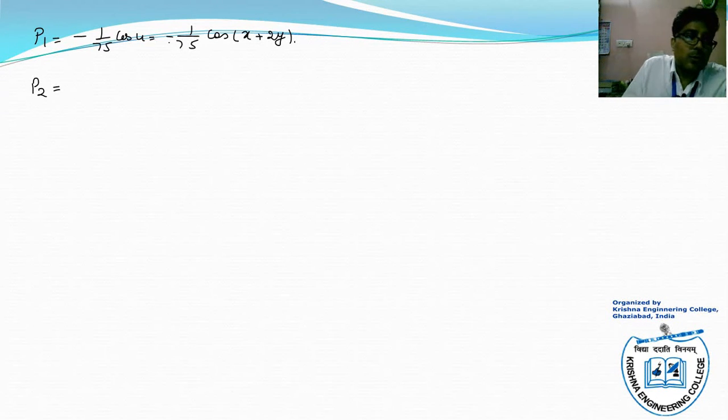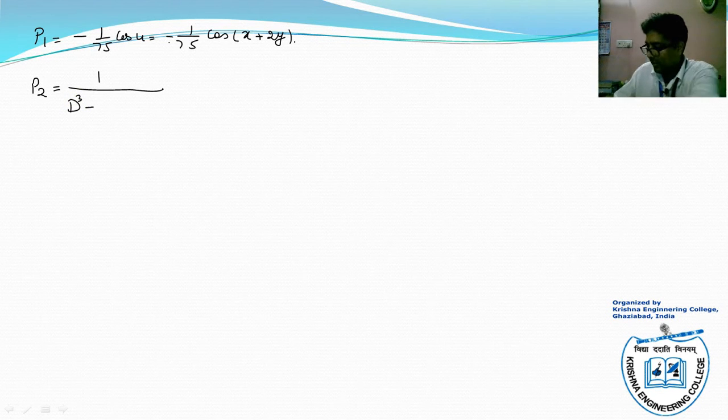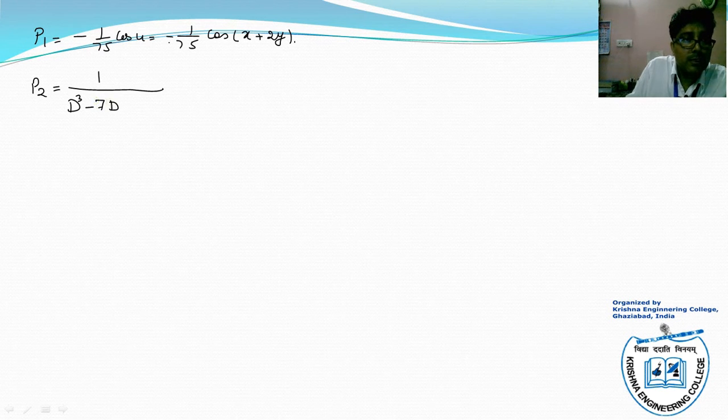Right? So this is D cubed minus 7 D D dash squared minus 6 D dash cubed, e to the power 3x plus y.